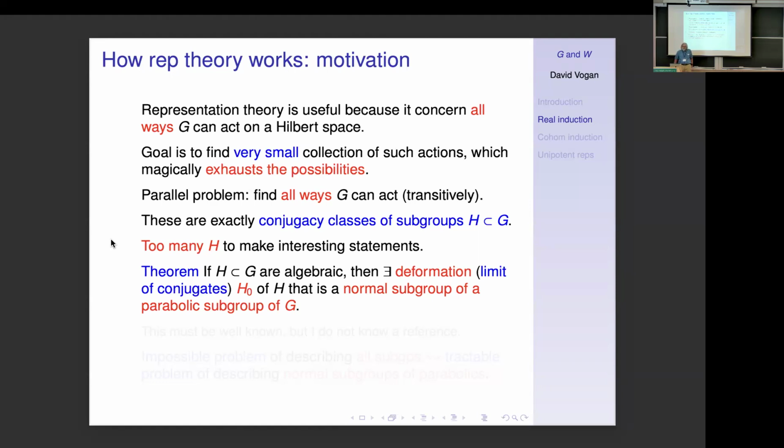So, deformations are not isomorphisms, but a lot of properties get preserved in the deformation. I'll mention, in the case of a real reductive group, this group K can be deformed to MN, which is normal in MAN. And this deformation is at the bottom of Harish-Chandra's analysis.